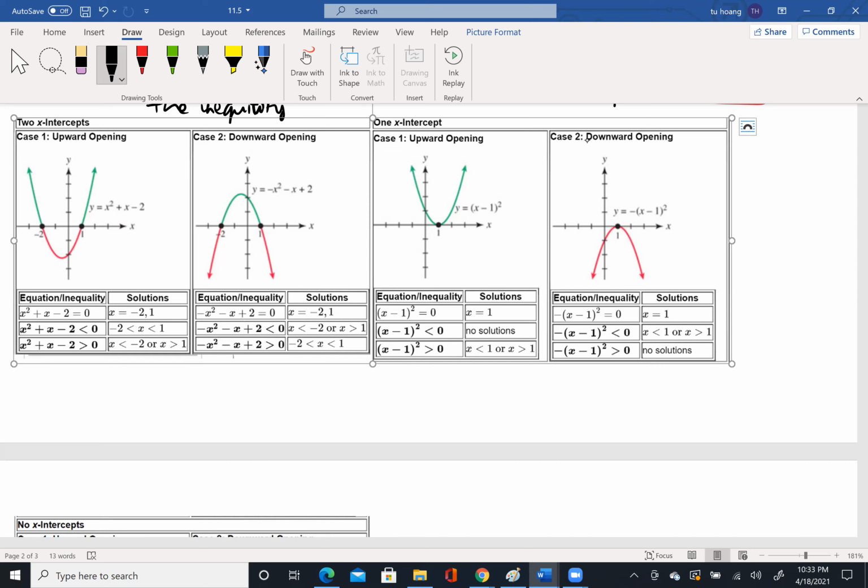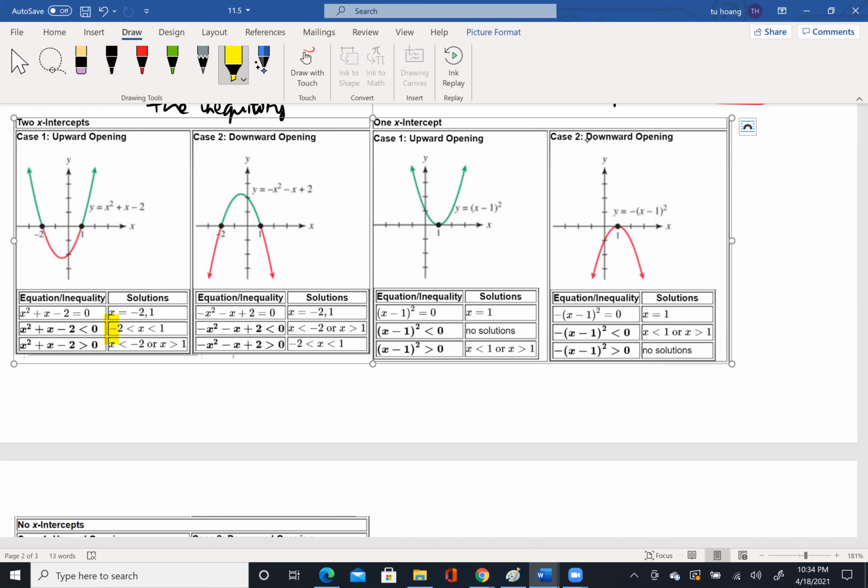So for the first one, case number 1, with an upward opening parabola, I have here y equals x squared plus x minus 2. It has two x-intercepts, and that will give me, for x squared plus x minus 2 less than 0, the solution x in between negative 2 and 1.